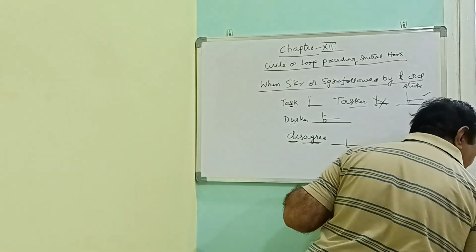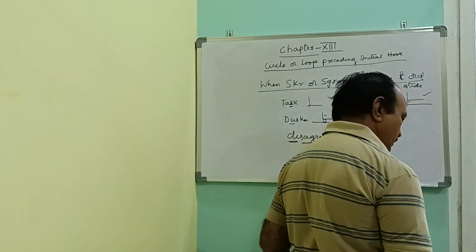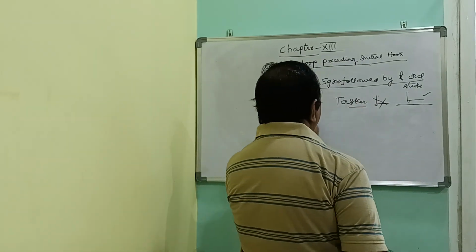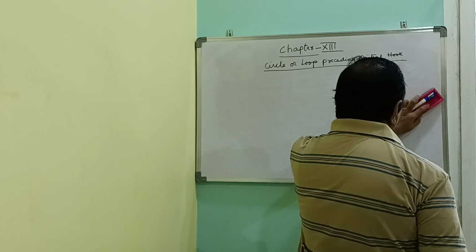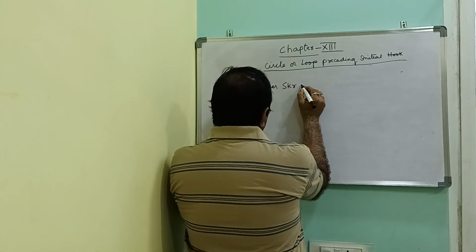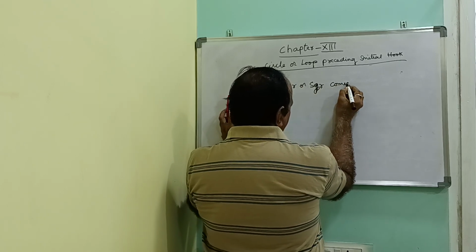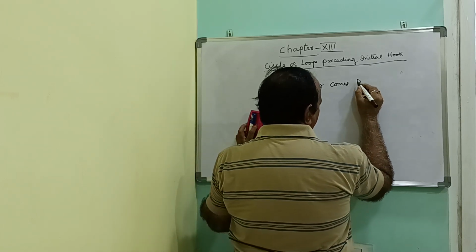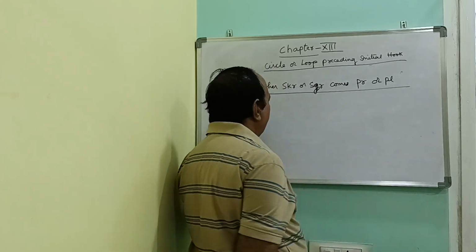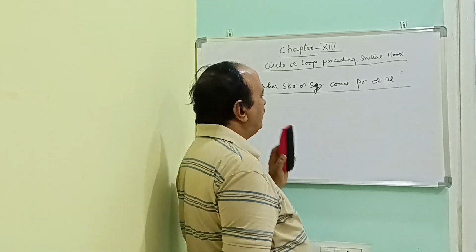Then in the same way, suppose the same skar or gar, when skar comes after par or bul, how will we write it?